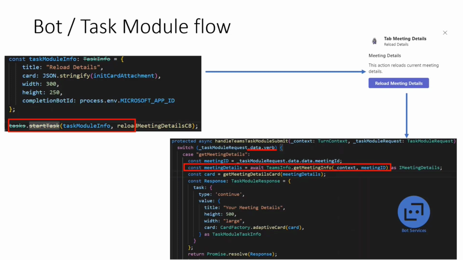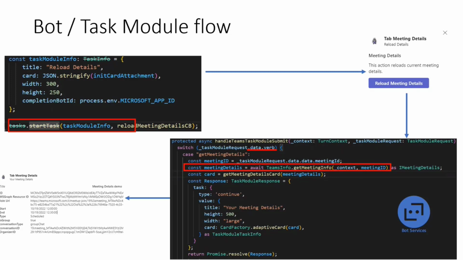And this returns my whole data, which I'm transforming to an adaptive card and sending back to the user. Yeah, this is how the task module flow works. Also interesting here is the switch, maybe, that I'm using a verb, because I have the same task module submit to use for getting either the participant or getting the meeting details.